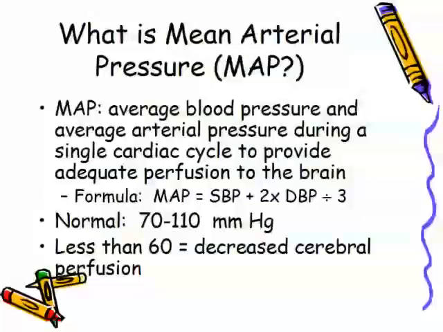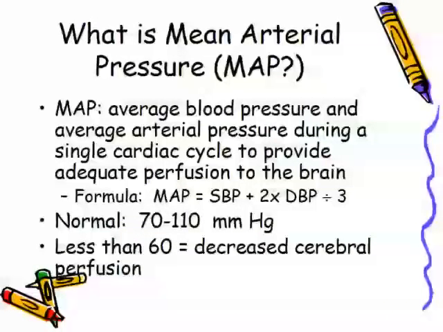The mean arterial pressure is the average arterial pressure during a single cardiac cycle, providing adequate perfusion to the brain. The way you calculate the mean arterial pressure is to take the systolic blood pressure plus 2 times the diastolic blood pressure and divide that number by 3.